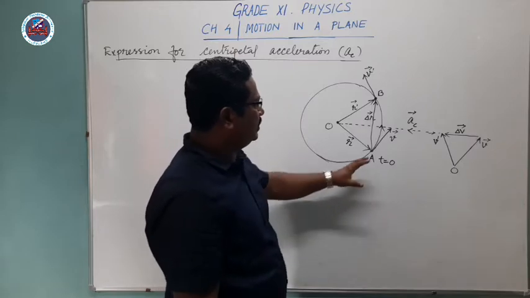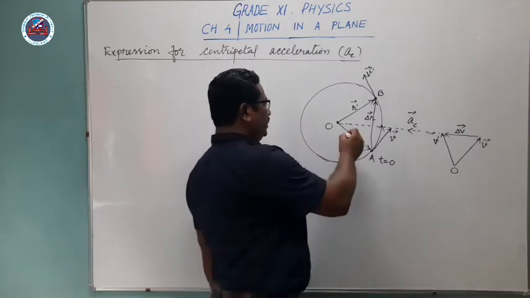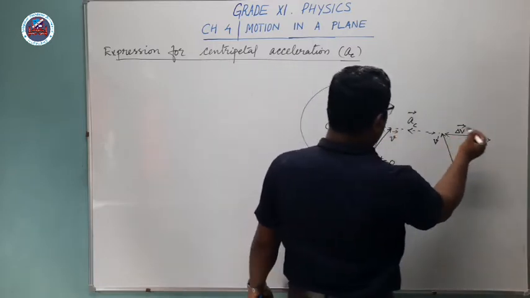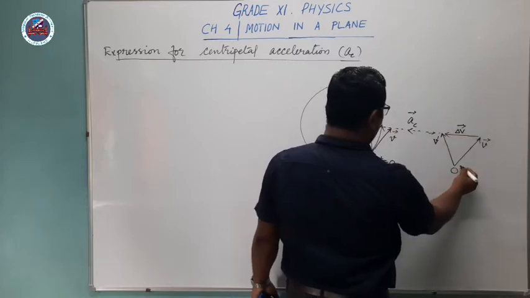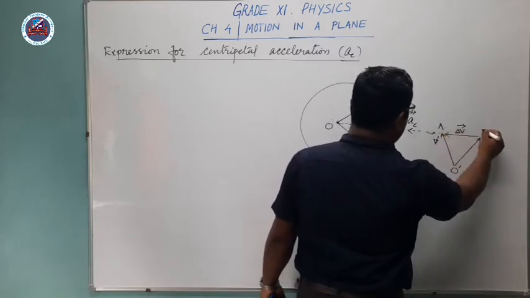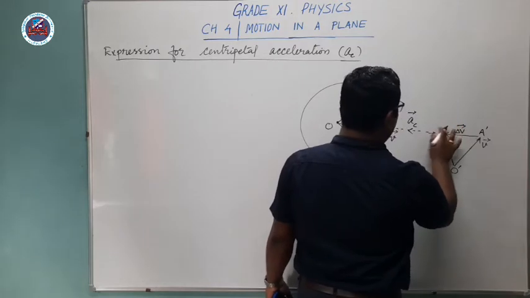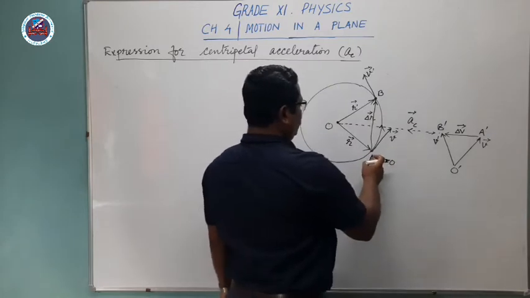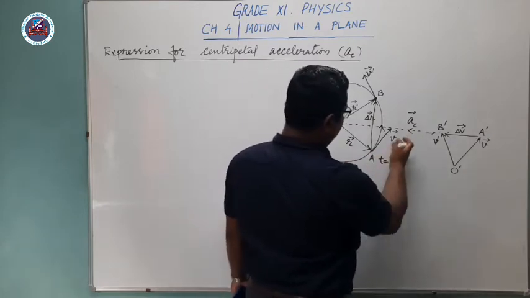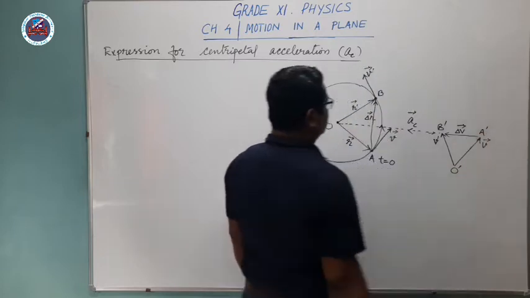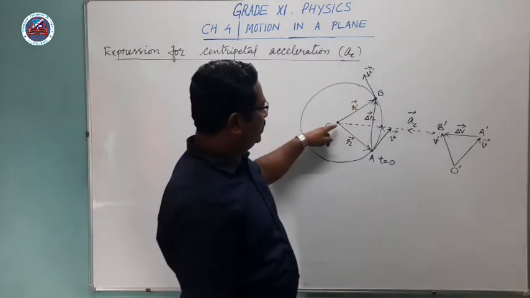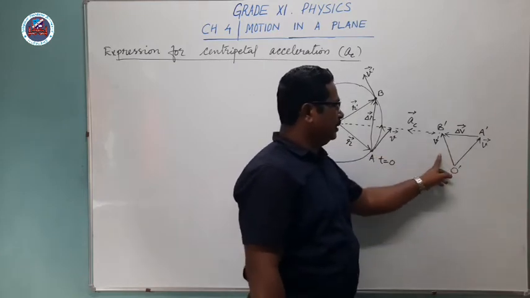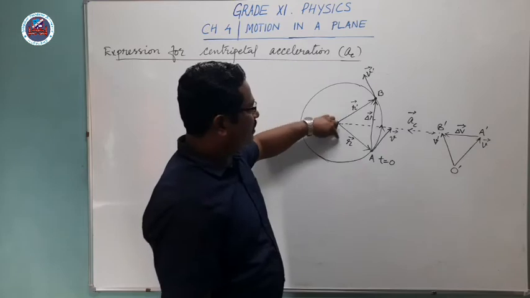So in this case, if you look carefully, these two triangles that I have taken, OAB, and let me write here also some letters. Let it be O dash, A dash, and B dash. For OA, this side I have taken as O dash A dash. These two triangles will be similar if you look carefully, because v and v dash, their magnitudes are equal. r and r dash are equal.